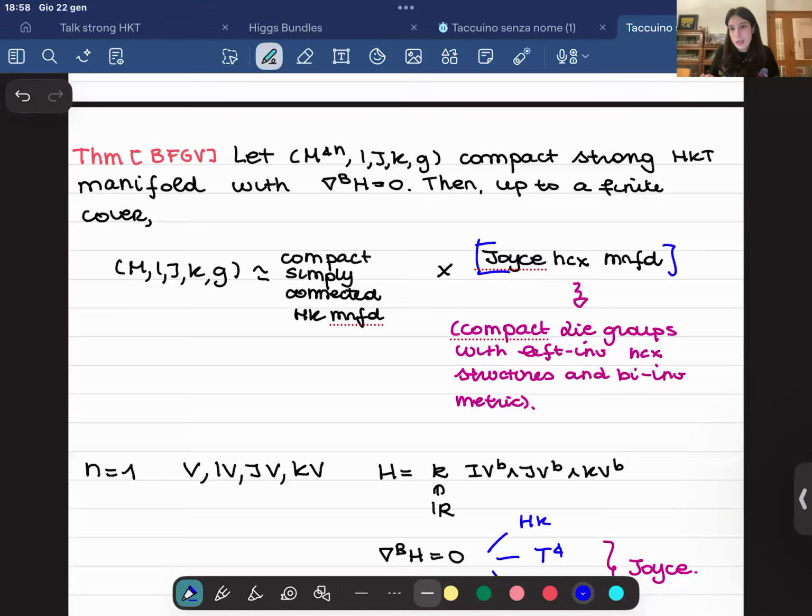In fact, all the known examples can be recovered from this. If I am in dimension 8, the only examples that I have under the assumption of compact and simply connected are hyperkähler in dimension 8 or this Joyce manifold. But if I require compact and simply connected, this is just SU3. Okay?